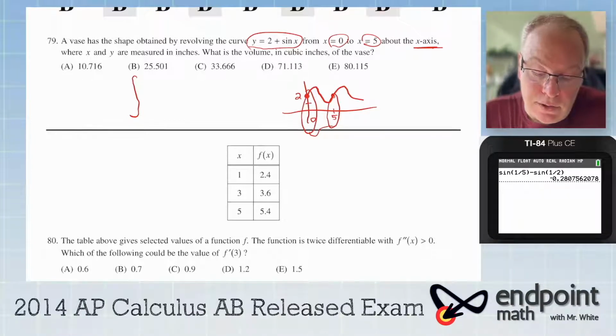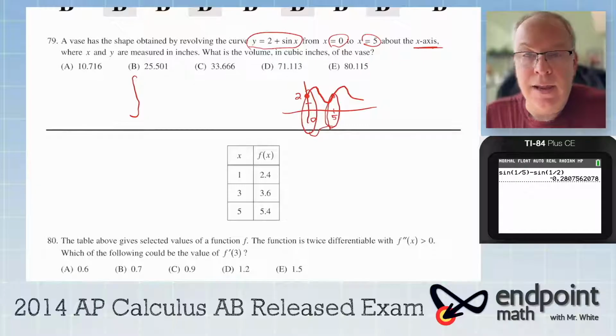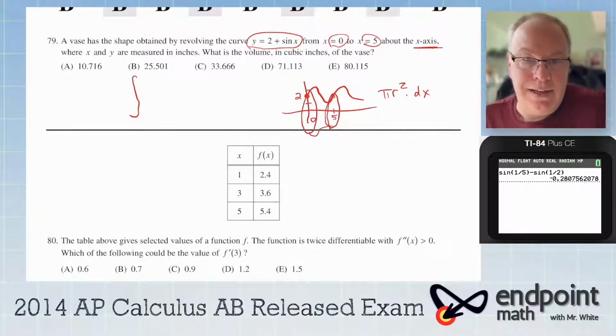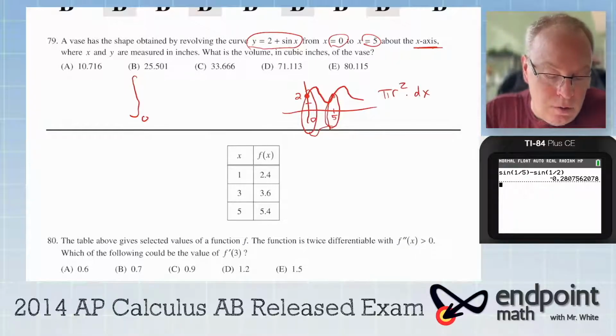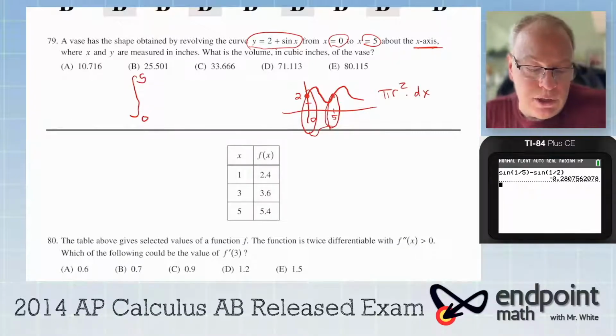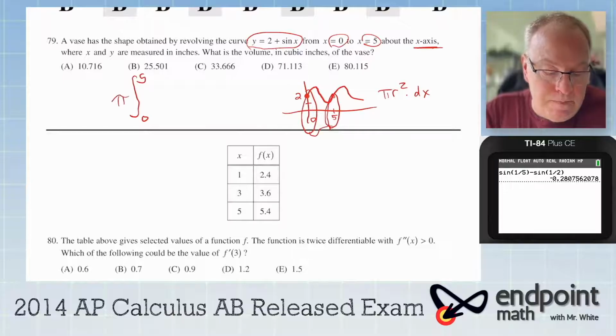So all of these are little bitty disks, and each volume would be pi r squared times your dx, right? That's the thickness of each cylinder, and of course you're going to add them all up. That's what the integral does. So you learned all this earlier in the year, so we're just going to integrate from pi times the radius squared.